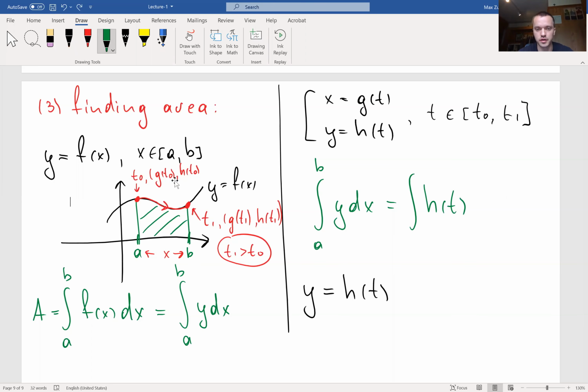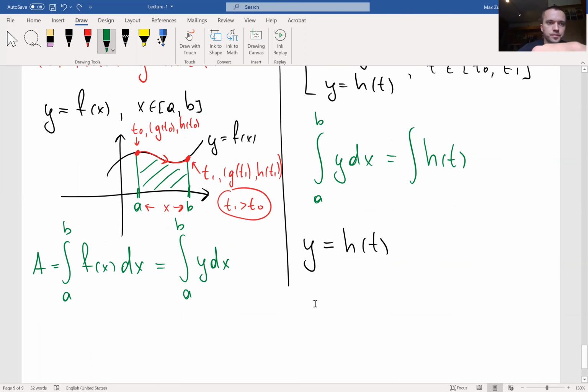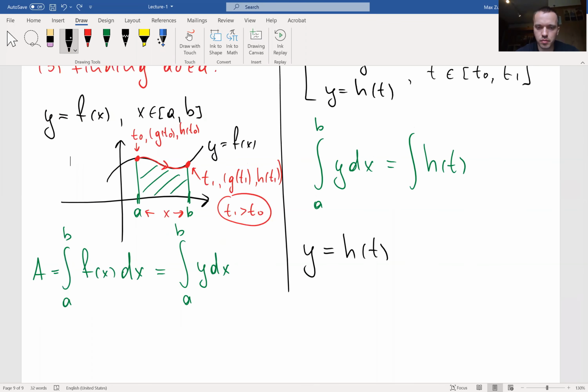So what do you do with dx? This is like illegal, but we have that dx over dt, which is my g prime of t. So you can see that if you think about the left-hand side as a fraction, then you can multiply both sides by dt.